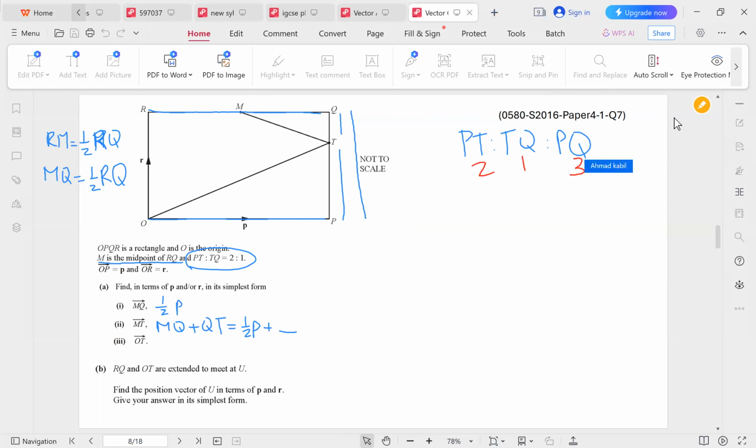We are interested in QT, so we're going to link TQ to the total. TQ is 1 over 3 PQ. And PQ is equal to R because this is a rectangle, so this is 1 over 3 R for TQ. Therefore, QT is going to be simply negative 1 over 3 R. And that's it. That would be the final answer.